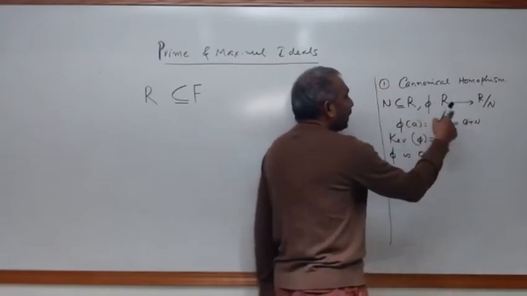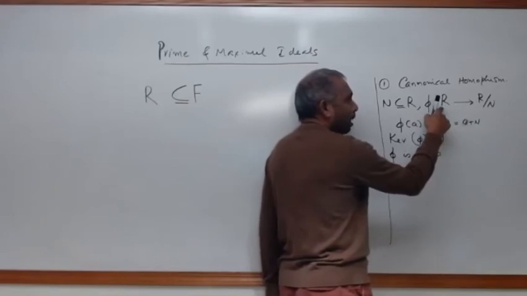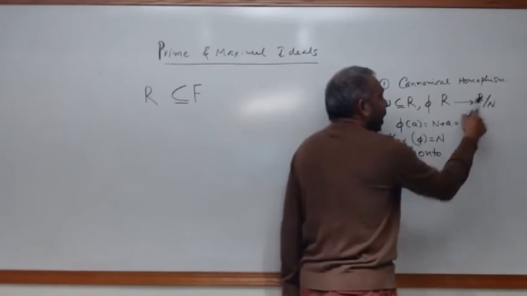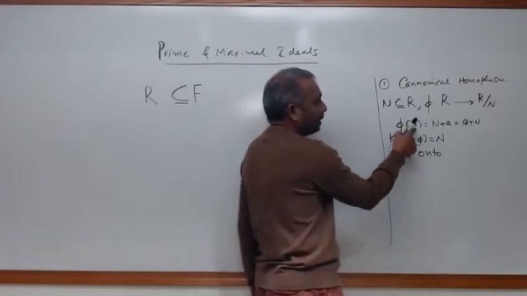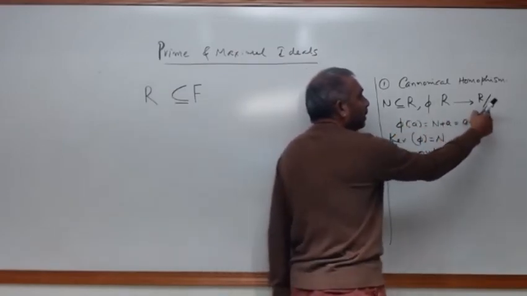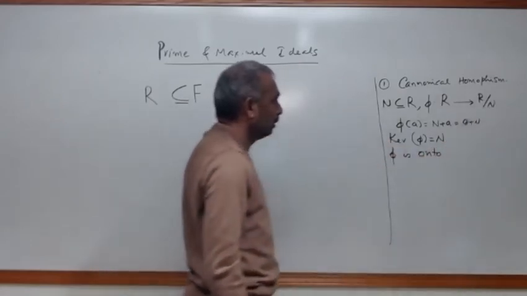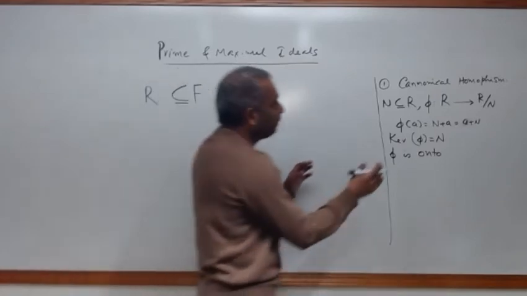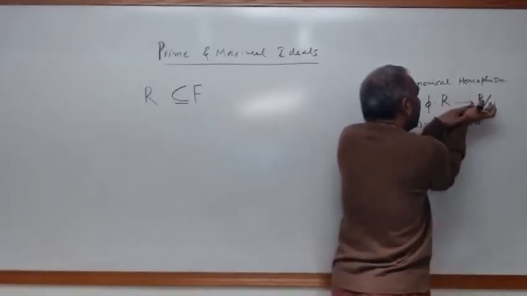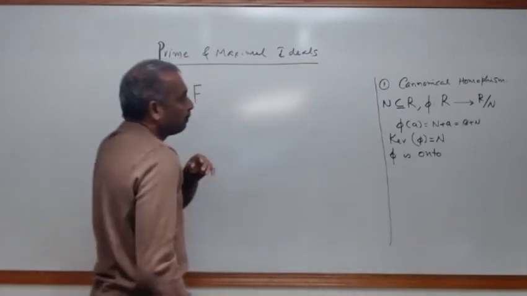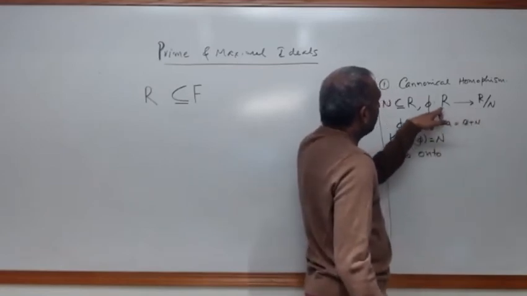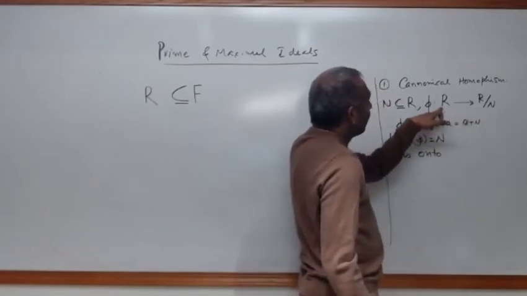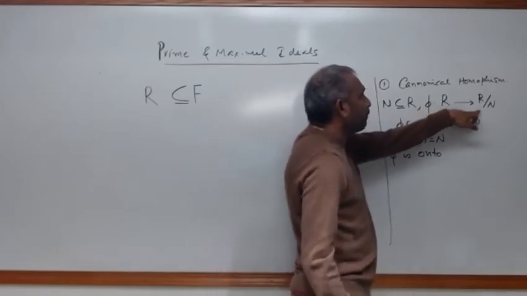So we can think about R as embedded in R by N. Because for any element here, this is the corresponding element in R over N. So if you want to embed a ring, we can consider a factor ring here.